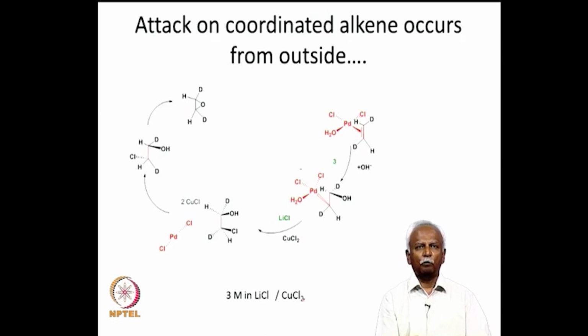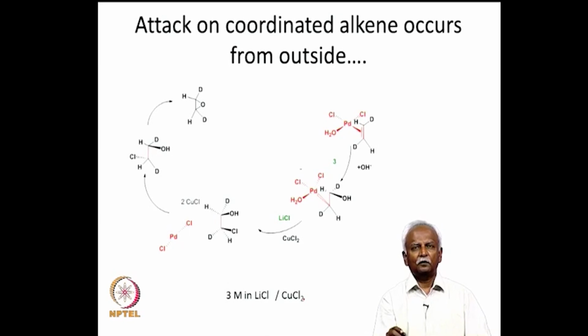If you avoid the copper, you could do several reactions, and we have a few which are of mechanistic relevance. For example, if you do not add copper and instead you add lithium chloride and cupric chloride, this is the reaction cycle.